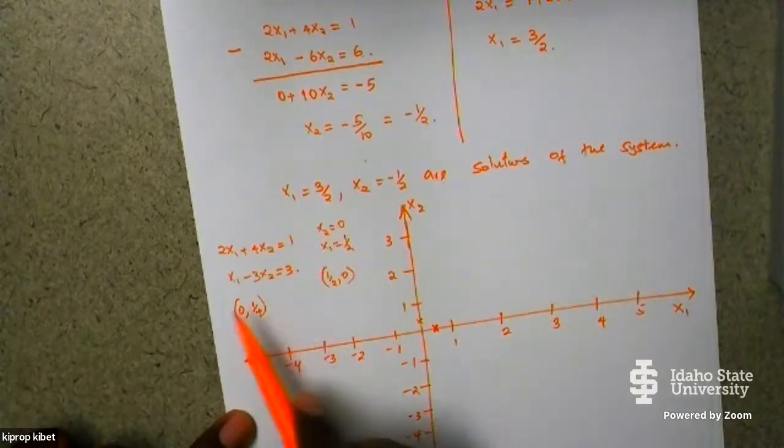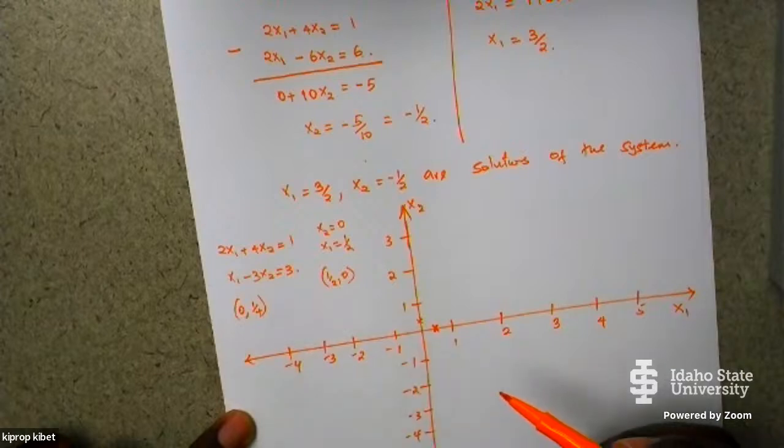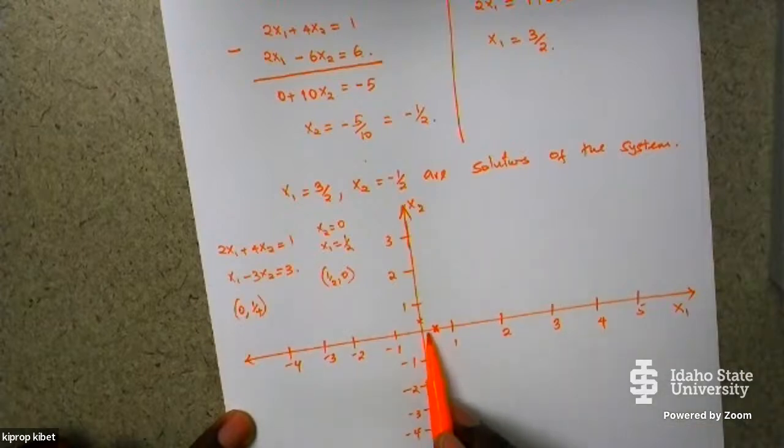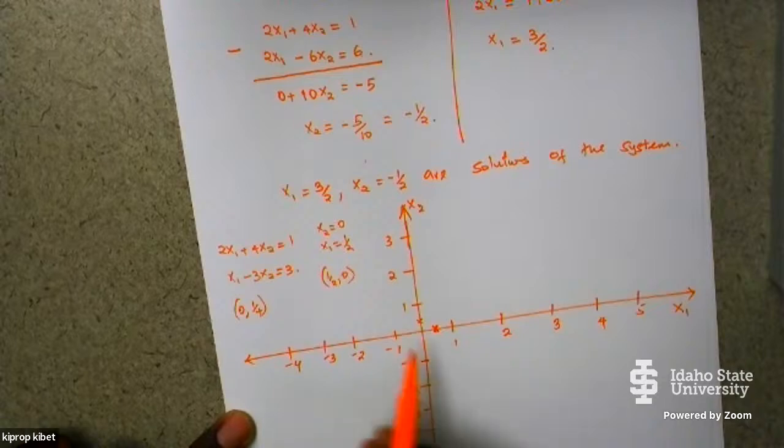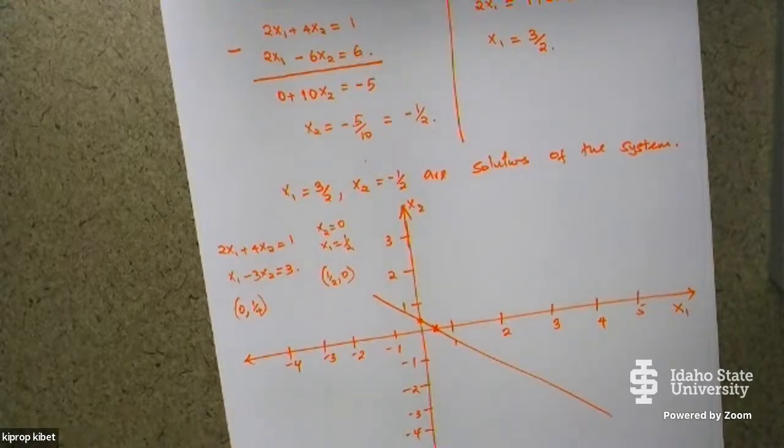Now we can sketch this one. We can draw a straight line because this is a linear system, so it can go on a straight line like that.